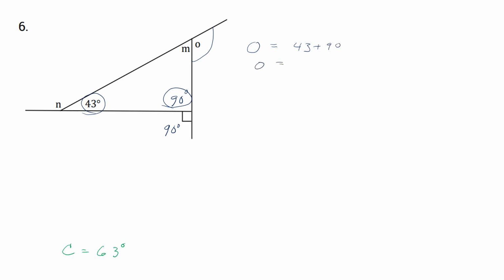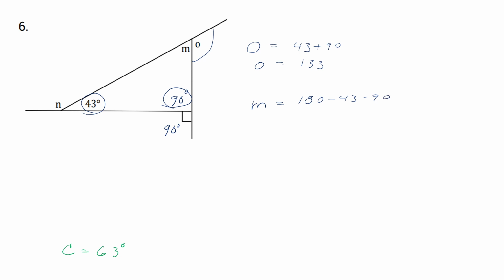And that makes it really easy. What is that? 133. Or say M. Okay, let's do M. I'll show you how that works. Say M is going to equal 180 minus 43 minus 90, right?